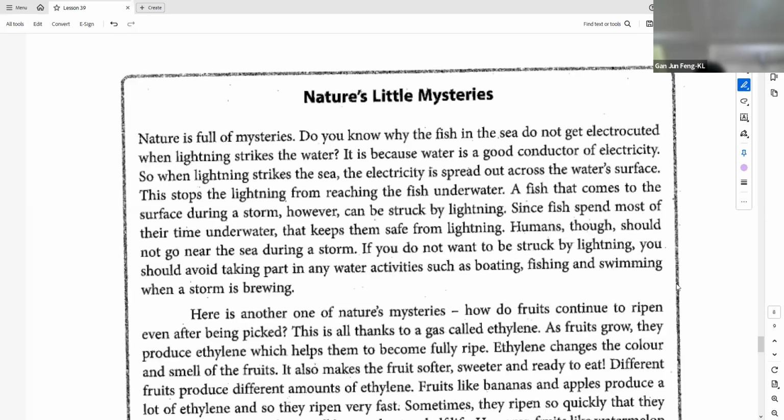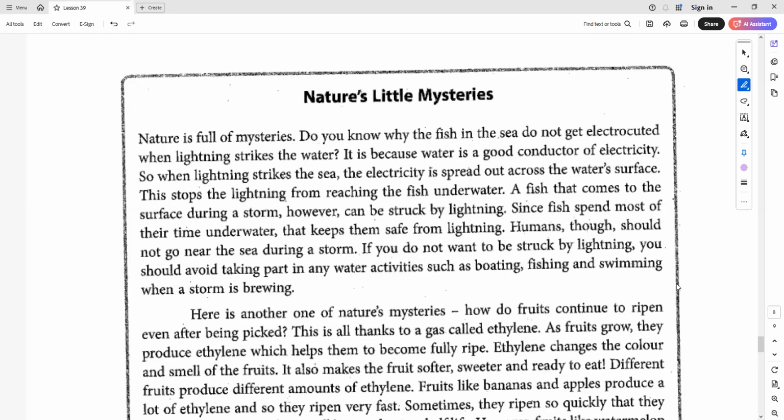A fish that comes to the surface during a storm, however, can be struck by lightning. Since fish spend most of their time underwater, that keeps them safe from lightning. Humans, though, should not go near the sea during a storm. If you do not want to be struck by lightning, you should avoid taking part in any water activities such as boating, fishing, and swimming when a storm is brewing.